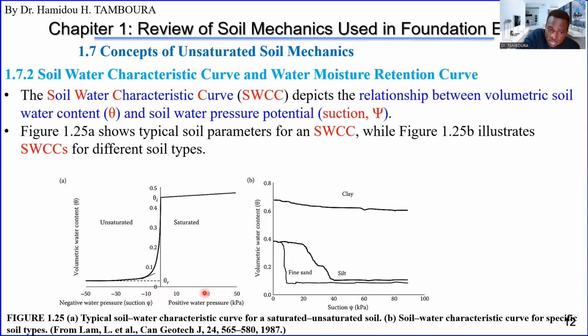But when water pressure is positive, we cannot have suction. So this domain is the domain of unsaturated soil, but this domain is when the soil is saturated. There is no suction when the soil is saturated. Okay, so the volumetric water content is theta here.